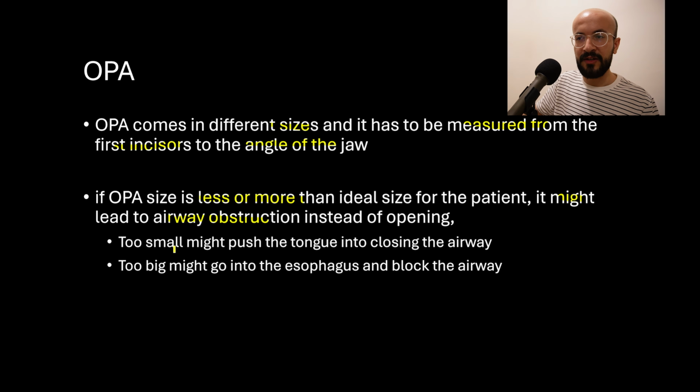A too small oropharyngeal airway is going to push the tongue backwards and block the airway, and a too big one might go into the esophagus and block the airway too. So it has to be measured correctly.